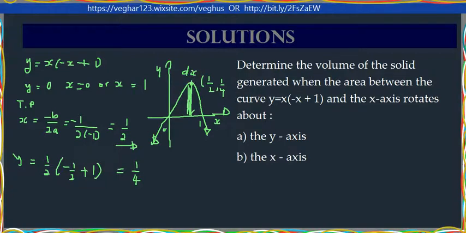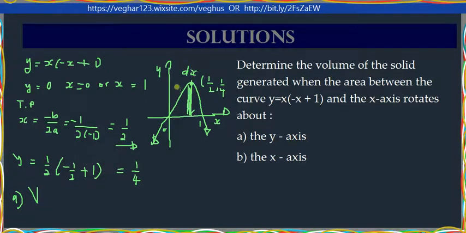Now we're going to deal with the question. It says determine the volume of the solid generated when the area between this graph and the x-axis is rotated about the y-axis. So y-axis, how do you know if it's a shell or a disc? You check the strip.